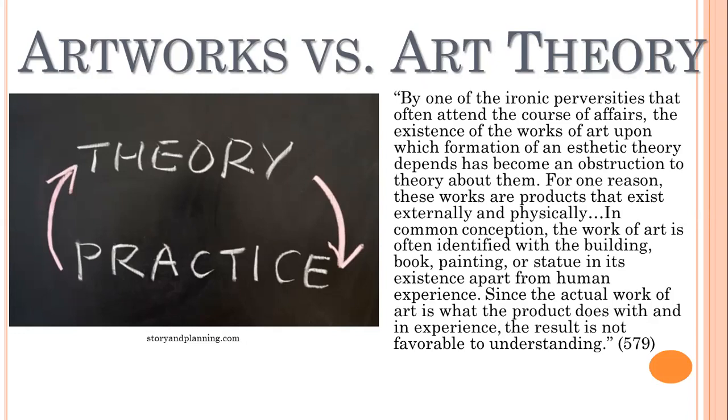So Dewey's on the same page, at least as far as art being an experience, right? And so if you want to understand art as a theorist, you can't separate it from the experience of the works of art.